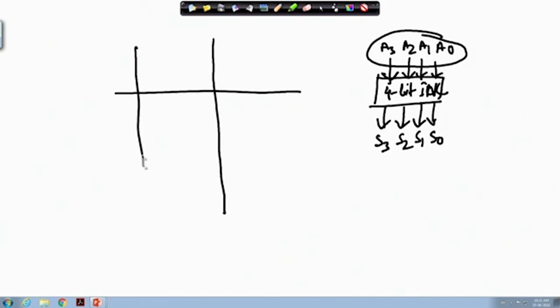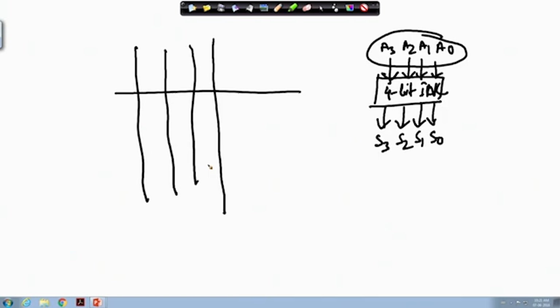Whenever we design any circuit, at the very first we draw the truth table, as we know from gates. Since this is also a circuit, what is its operating principle?